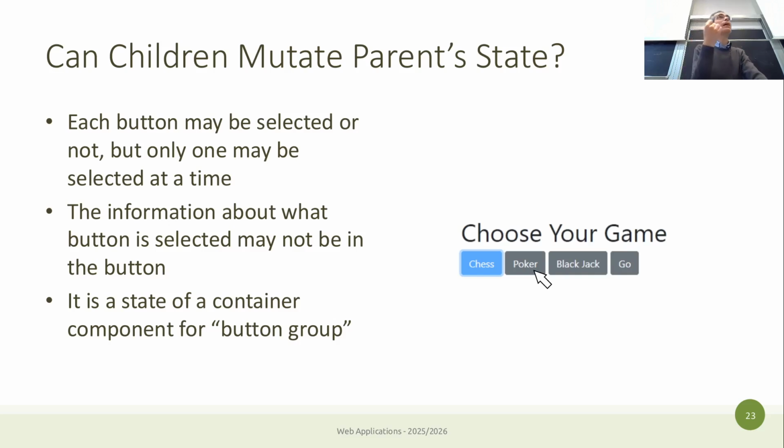Because the click is on the button, not on the container. We know which button has been pressed depending on which event handler, of the four event handlers, each single button has called. But we are inside the component of the button, so in the children, not in the parent. And the state is in the parent. So how can we update the state in the parent?